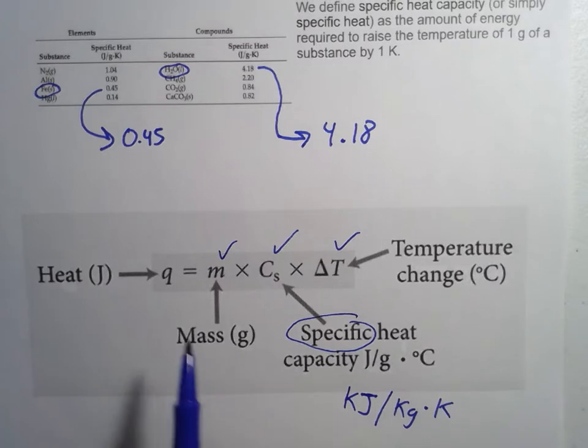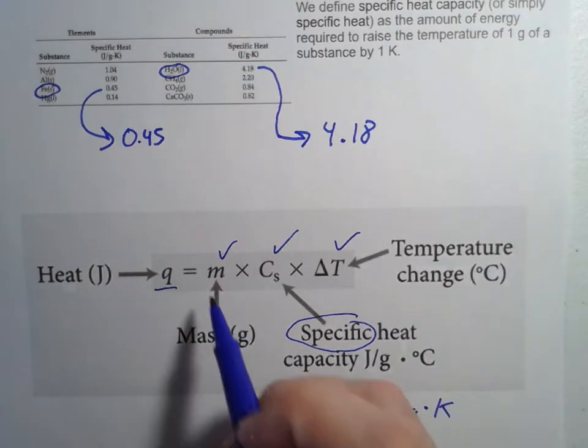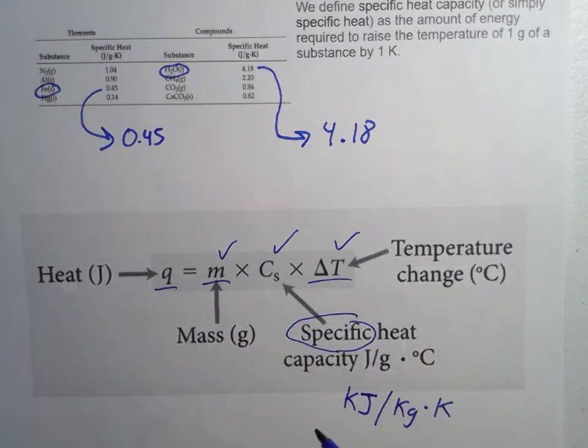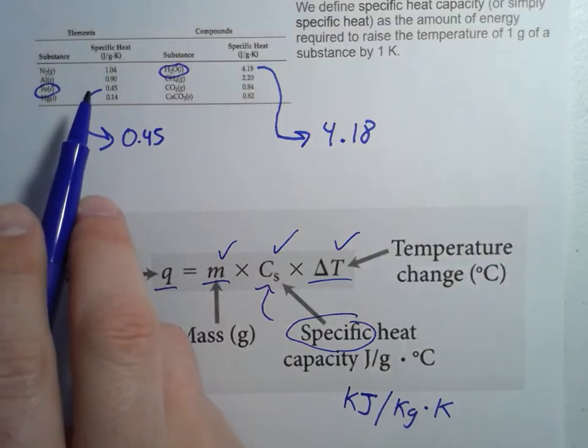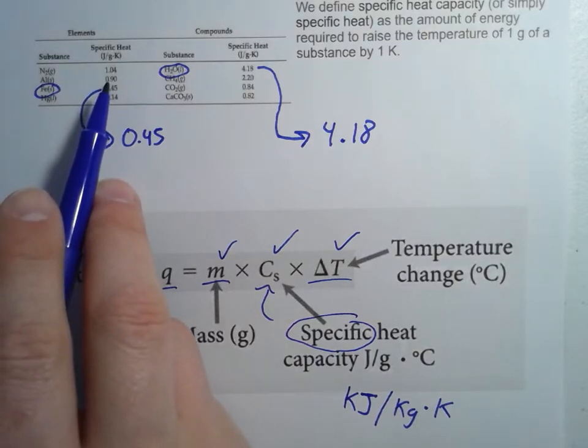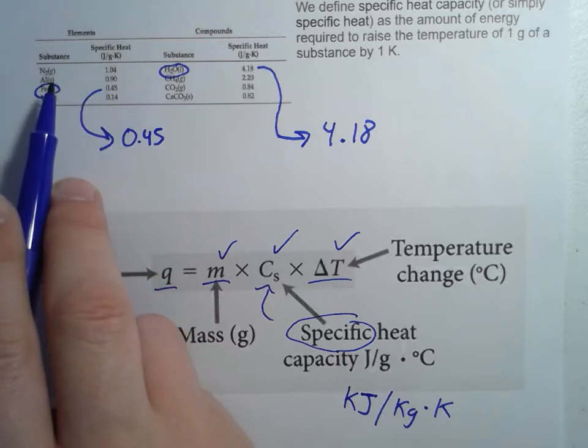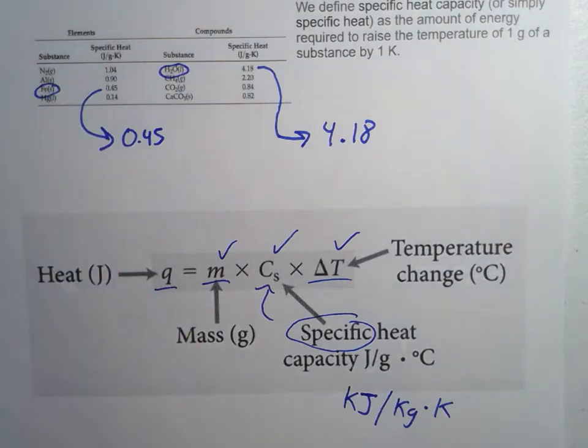Well, if I can measure Q, M, and delta T and solve for specific heat, and I have a reference chart, maybe I find online or in a textbook, and I see that when I solve for C the value is 0.9, well, I can be pretty certain that I'm dealing with a piece of aluminum, which is what you can see up here in the table. So it's really an interesting calculation you can do to solve for the identity of a mystery element.